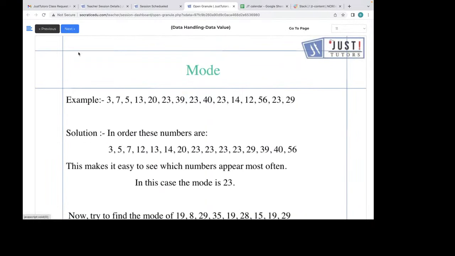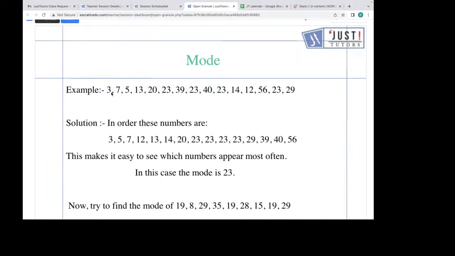So now let's learn this with an example. Here is an example: 3, 7, 5, 13, 20, 23, 39, 23, 40, 23, 14, 12, 56, 23 and 29. So this is a set of data.